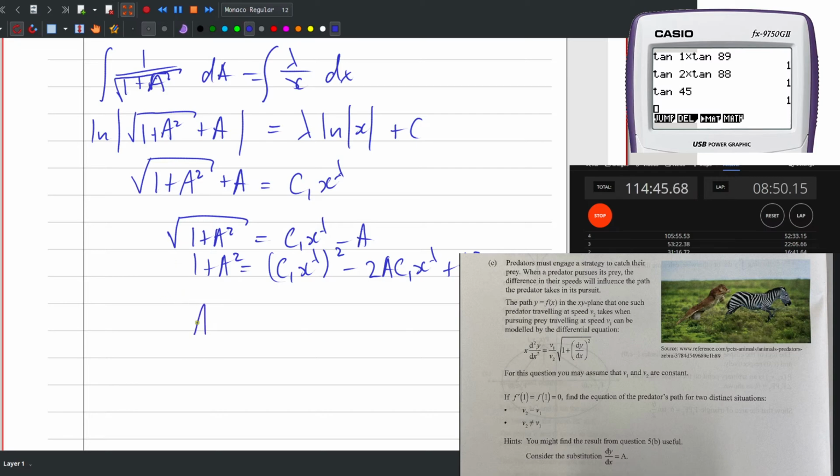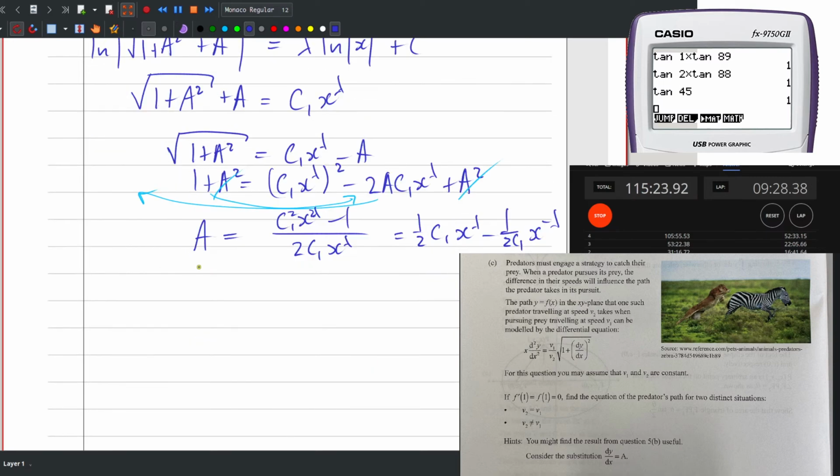Oh, I see. Okay, so A equals C1 x to the lambda, C1 squared x to the power 2 lambda minus 1 over 2c1 x to the power lambda, which is a half c1 x lambda minus a half 1 over 2c1 x to negative lambda.